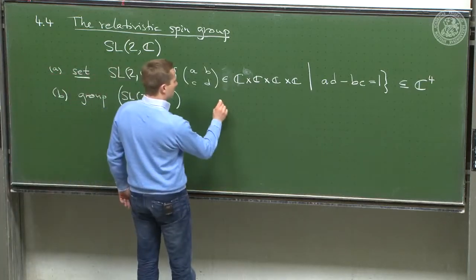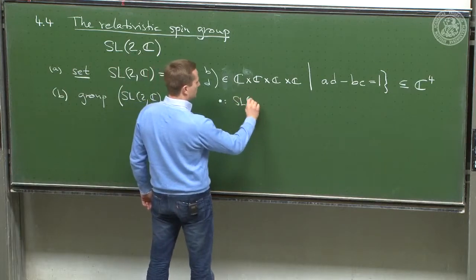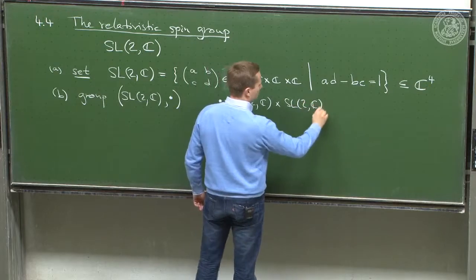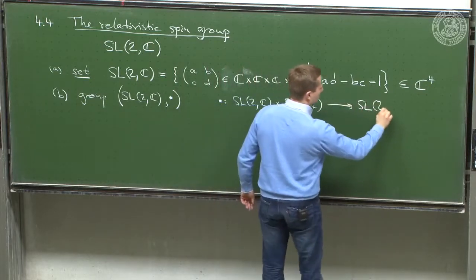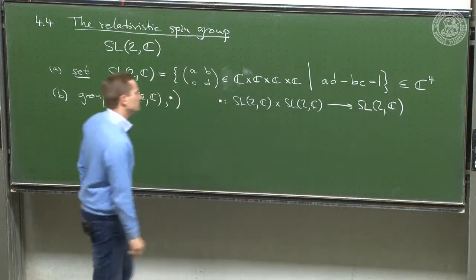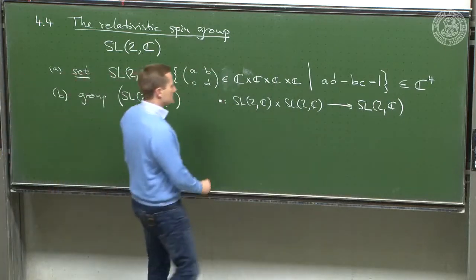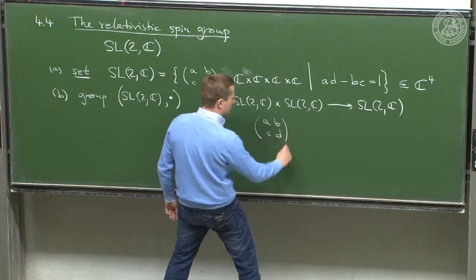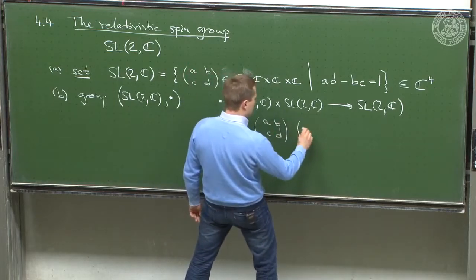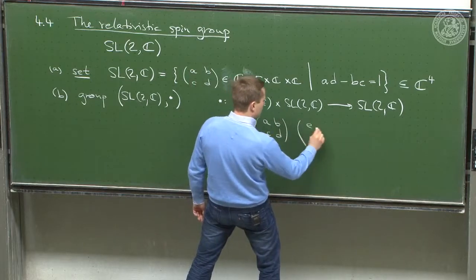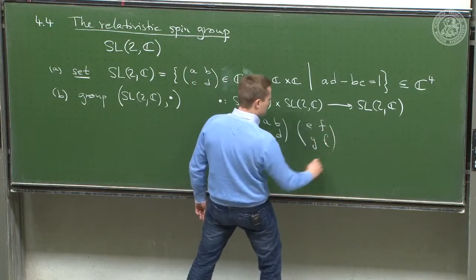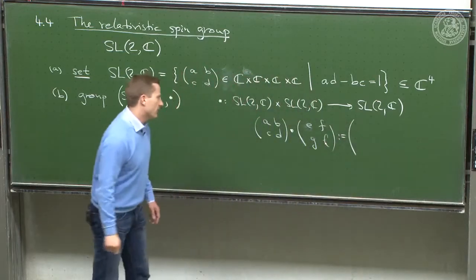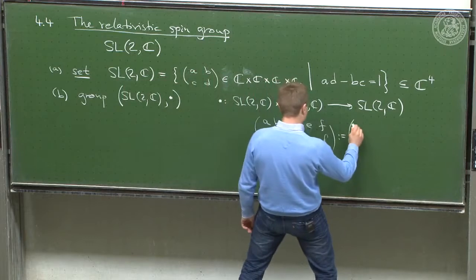And this blob is an operation that takes two elements of SL2 C and makes them into one new element of SL2 C. And this blob is defined as follows. We take one element, which we decided to denote in this funny fashion. We take another one, A, B, C, D, E, F, G, H. And how do we define the blob? We define the blob by the following arcane construction.